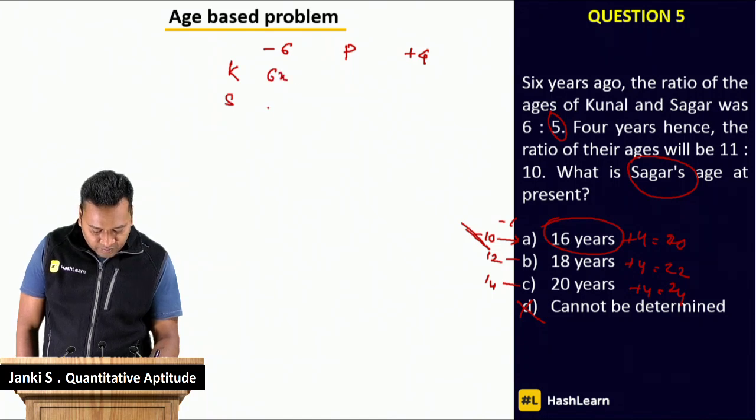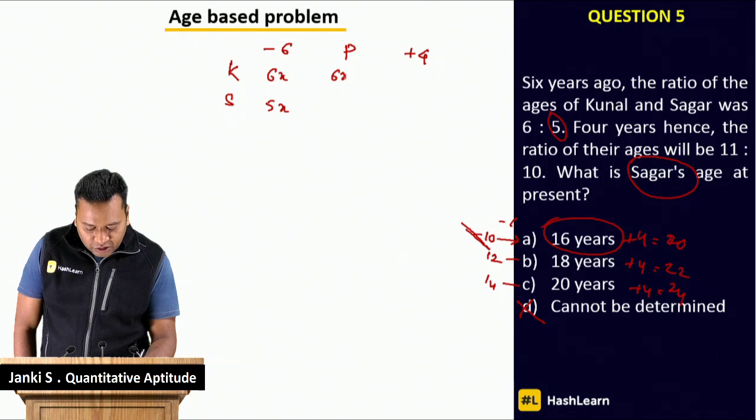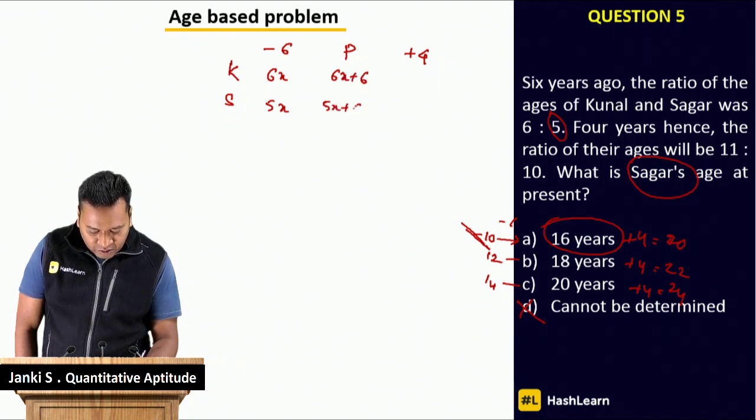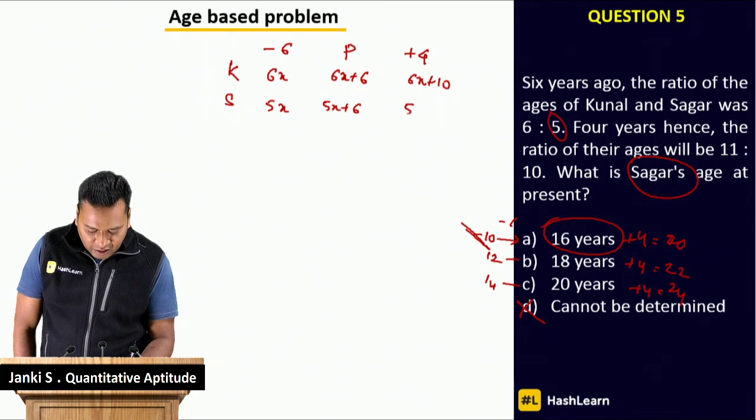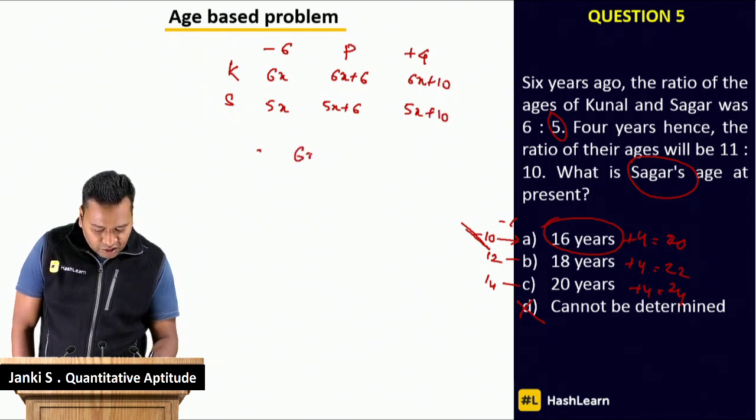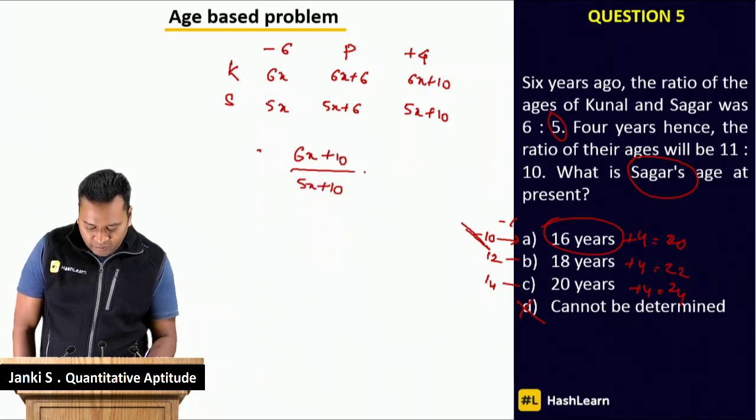Suppose 6x, 5x. So presently it's how much? 6x plus 6 and 5x plus 6. Here it will be how much? 6x plus 10 and 5x plus 10. So now it's given 6x plus 10 divided by 5x plus 10 should be in the ratio of 11:10, right?